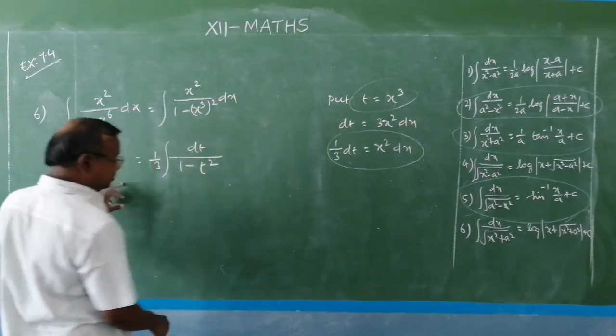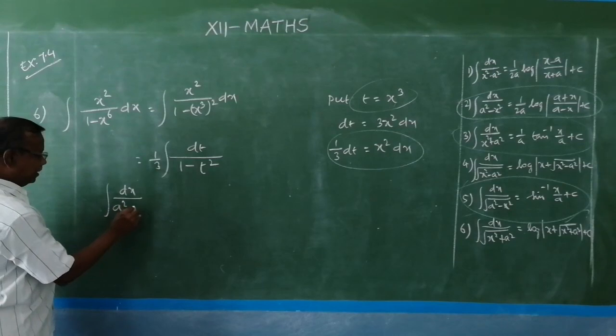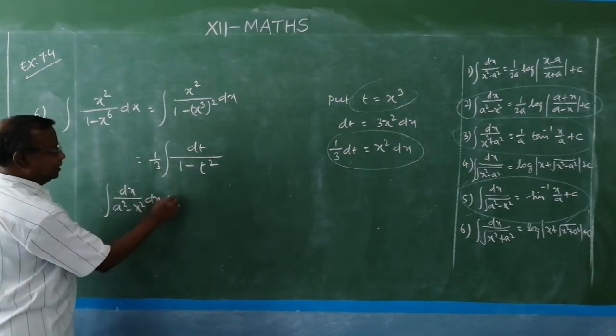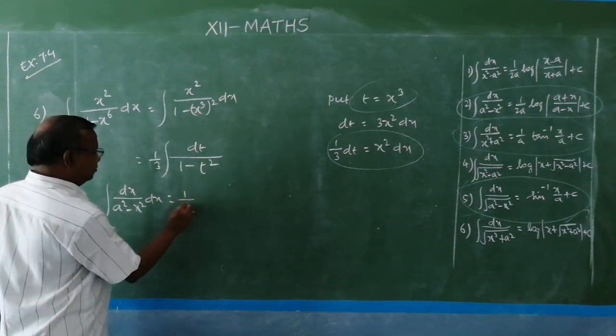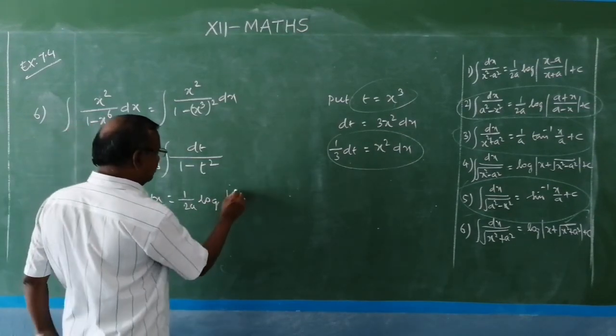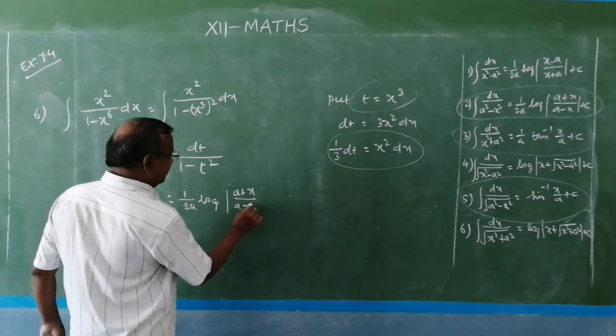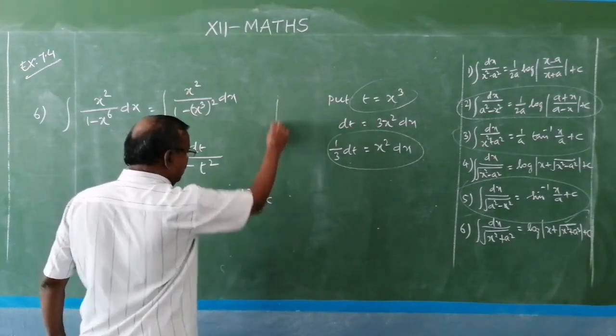Write the formula: integral dx divided by a square minus x square equals 1 by 2a into log of modulus of (a plus x) divided by (a minus x) plus c.